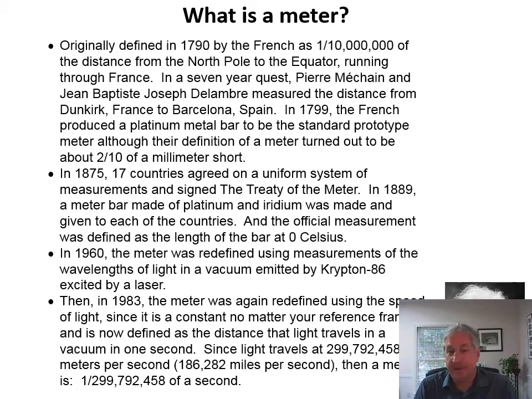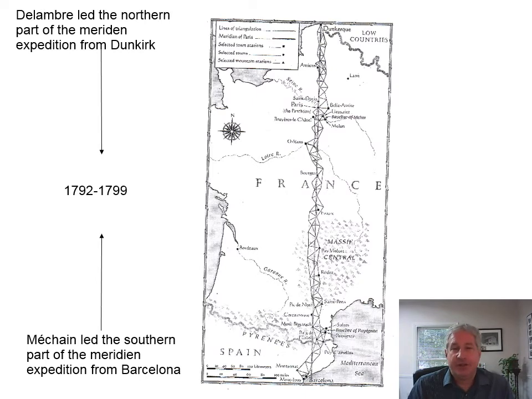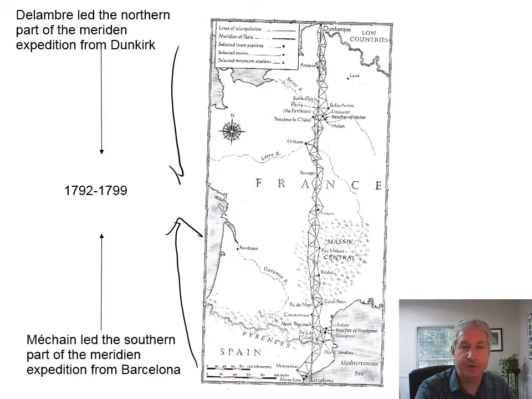Okay, next slide. This just shows you the map of where Delambre and Mechain both went on their expeditions. Mechain went from Barcelona, and he goes north, and Delambre goes south.